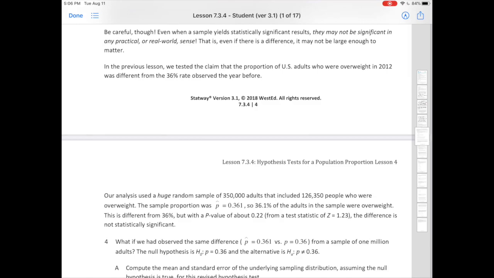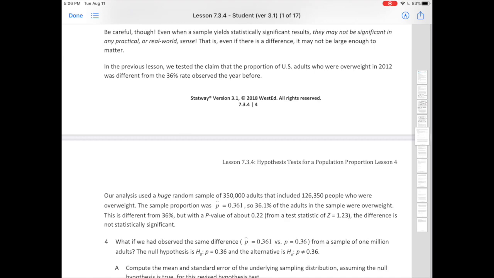The sample proportion was p hat equals 0.361, so 36.1% of the adults in the sample were overweight. This is different from 36%, but with a p-value of about 0.22 from a test statistic of 1.23, the difference is not statistically significant. Okay?